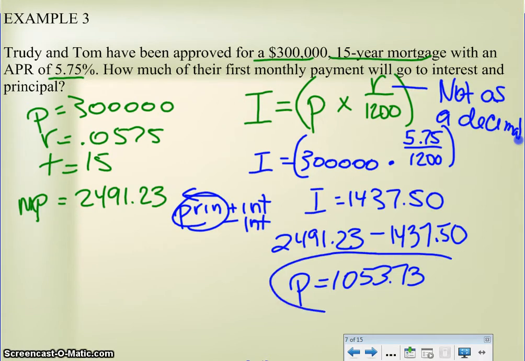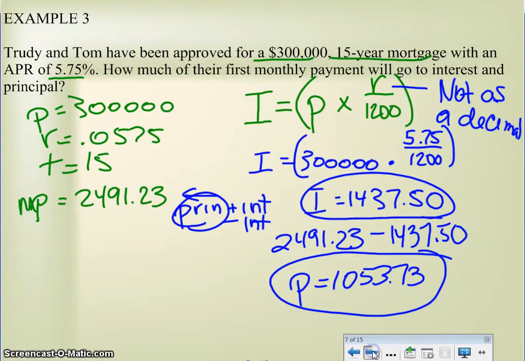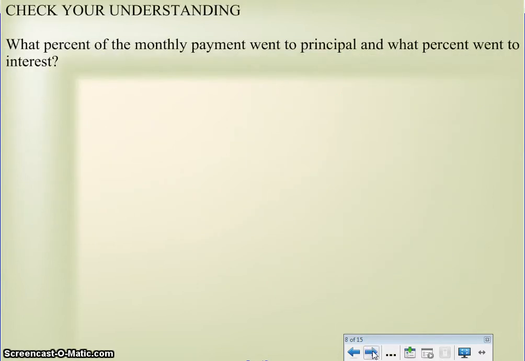And those are my two answers. There is principal, there is interest. And if I subtract that from the $300,000, then I can go through and do the process all over again with my new principal balance.